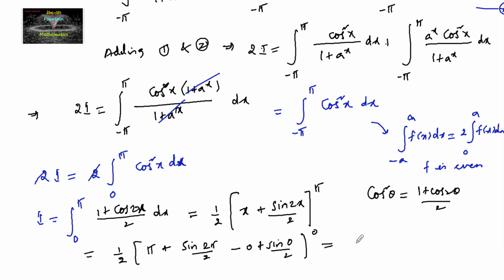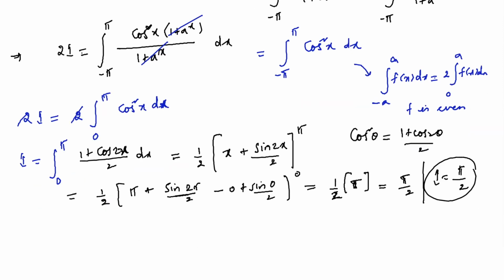So 1 by 2 times pi plus sin 2 pi, which is 0, and the remaining terms are all zeros, so we have only pi, which is nothing but pi upon 2. Therefore our integral answer is pi by 2.